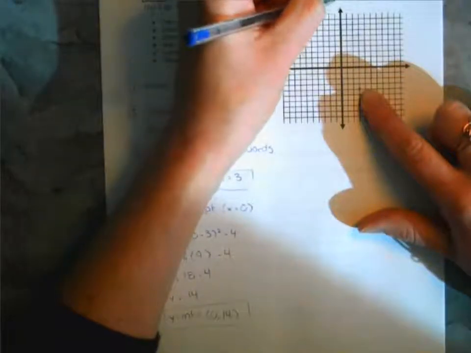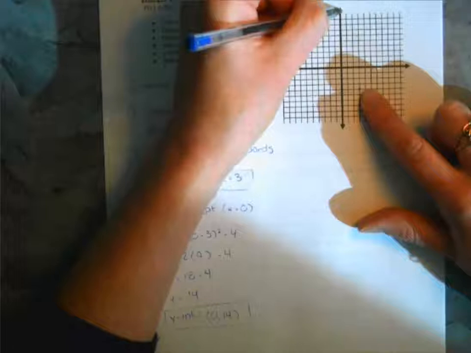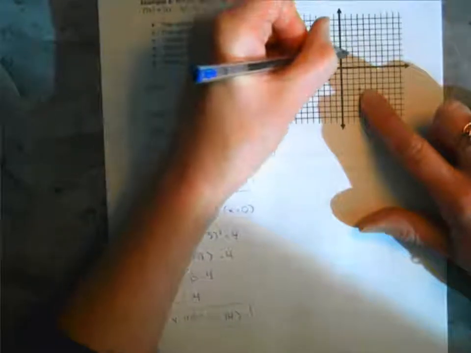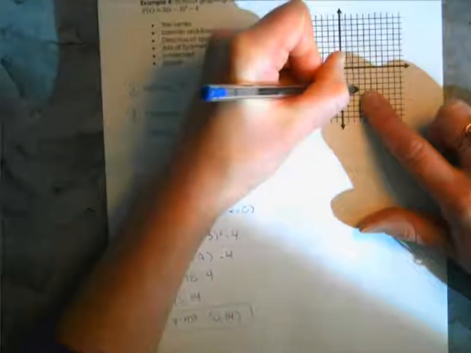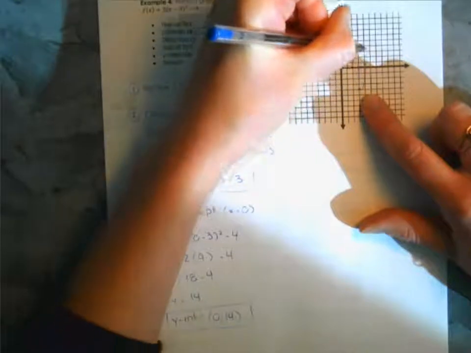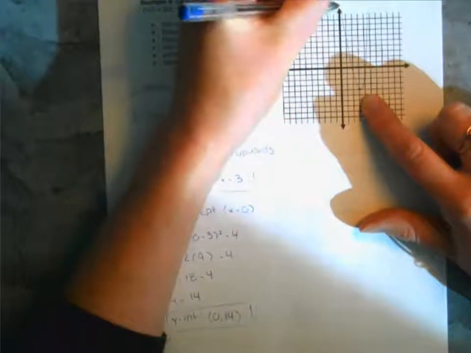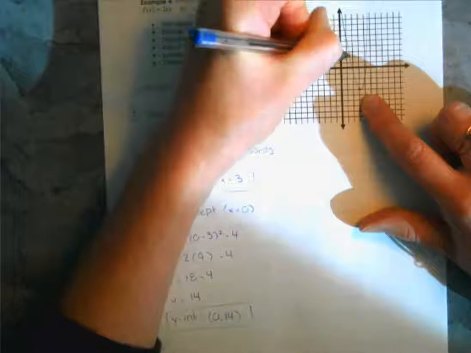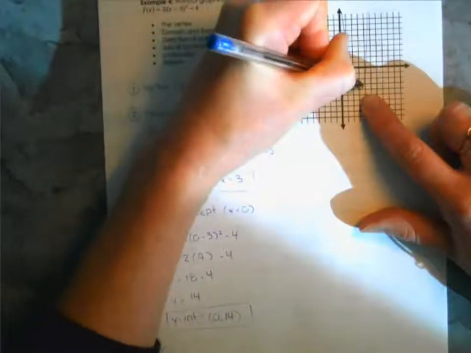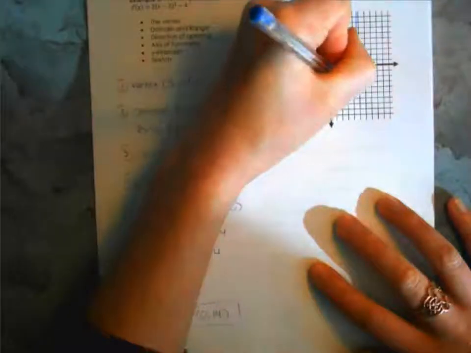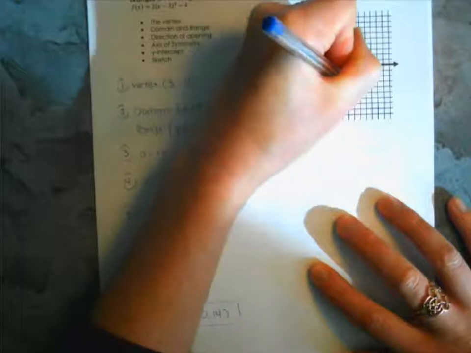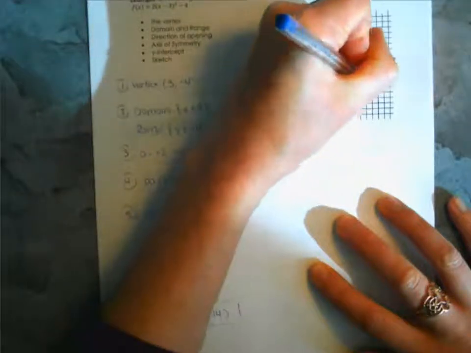Let's go. There. Good enough. Okay. So that's kind of roughly what the graph is going to look like, and we can always put in here, we have 3, -4 as our vertex.